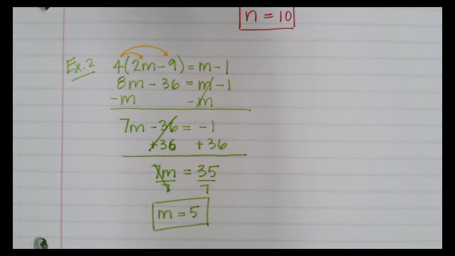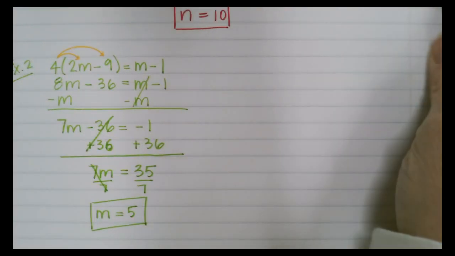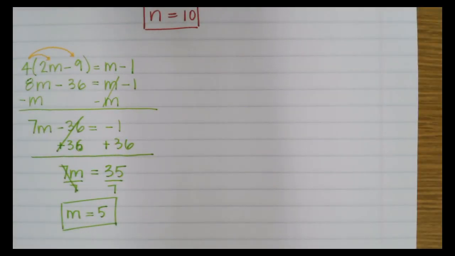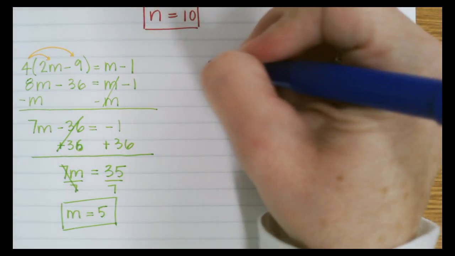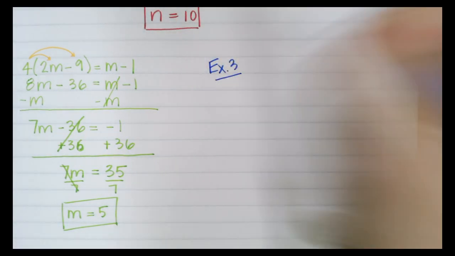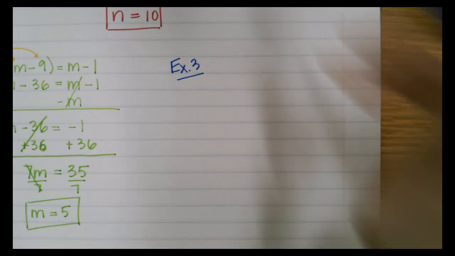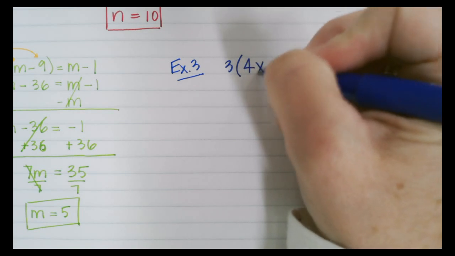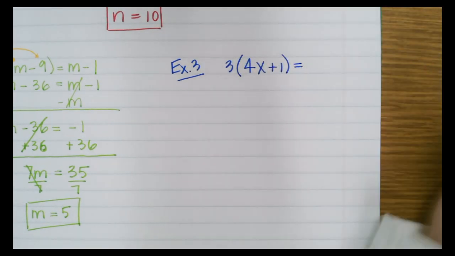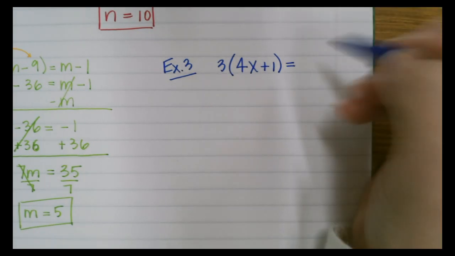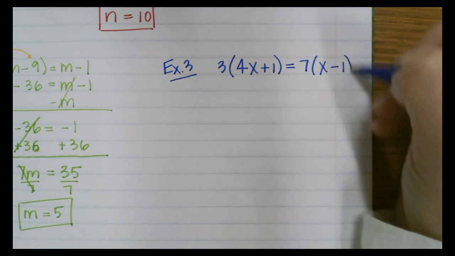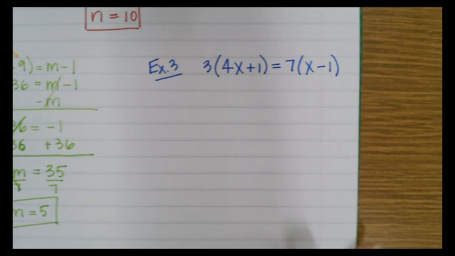One more example, and then hopefully you will be in great shape to take care of the rest on your own. For example 3, let's do 3(4x + 1) = 7(x - 1).